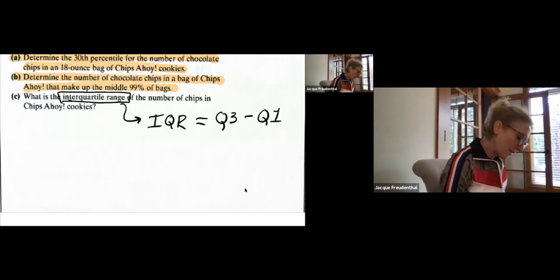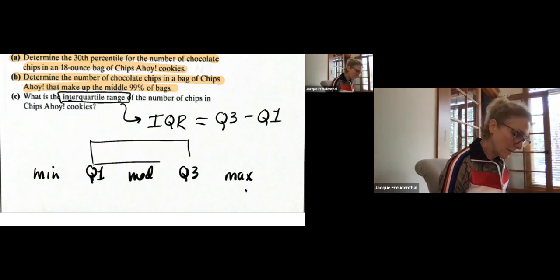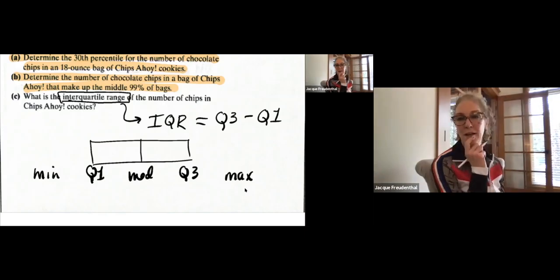So remember on the 5-number summary, we had the minimum, we had the maximum, you have the median in the middle, you have the first quartile, and you have the third quartile. And if you're thinking about a box plot, remember our box made up that.